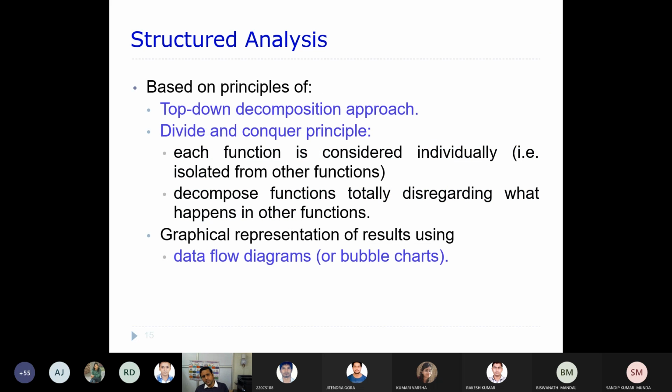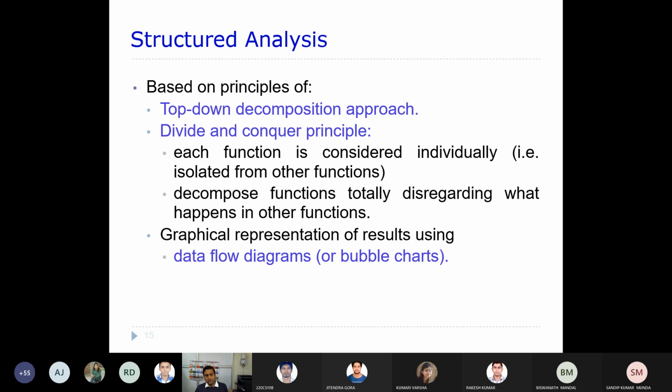Based on the principles of the top-down decomposition approach, we divide a larger problem into smaller problems, and then we give efficient solutions to each and every smaller problem. That is what we try to do.